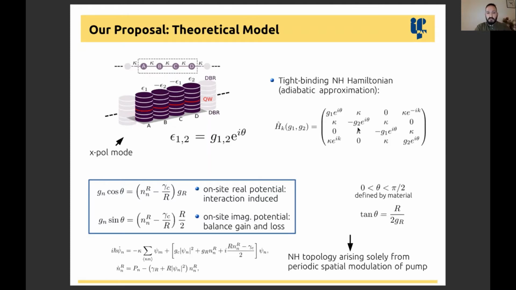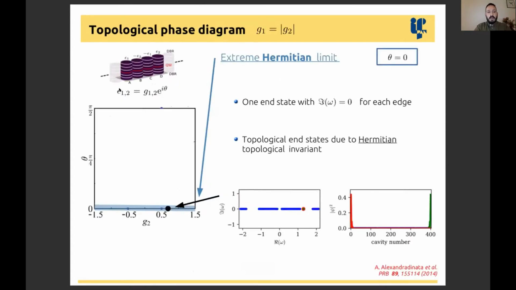So now that we have laid out our theoretical model, we want to investigate different limits. Our on-site potential can be written like this, epsilon, modulated in space. And of course, if we take theta equals 0, we can explore the purely Hermitian limit, while if we take theta to be pi over 2, we go to the other limit, which is the non-Hermitian limit.